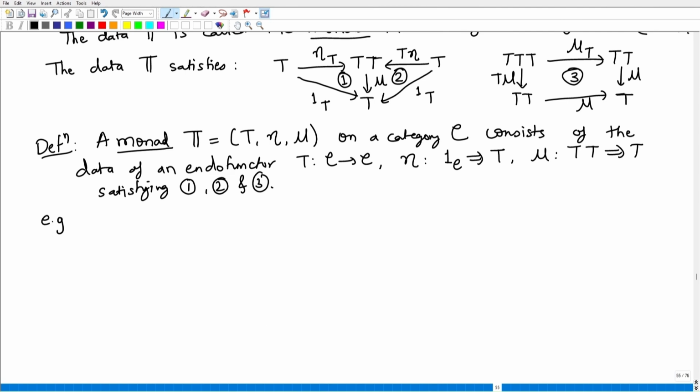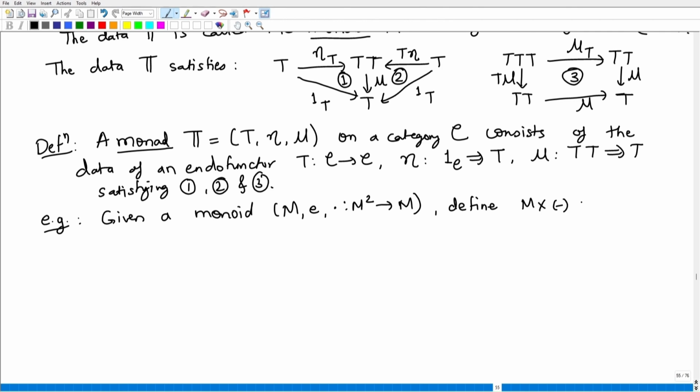So for example, given a monoid M, then E and dot from M square to M. Okay. A monoid, I mean a set. We can define M cross blank as a functor from sets to sets. This is our T. Then what is eta?